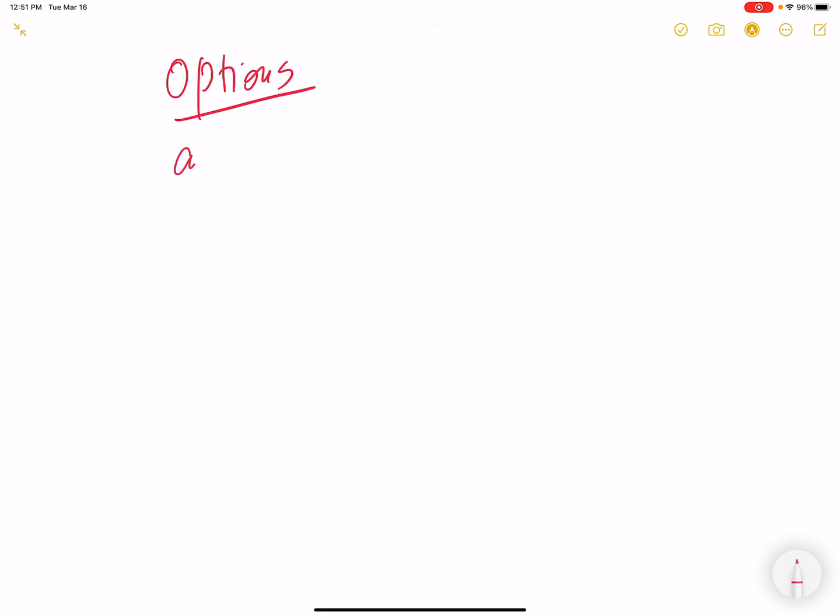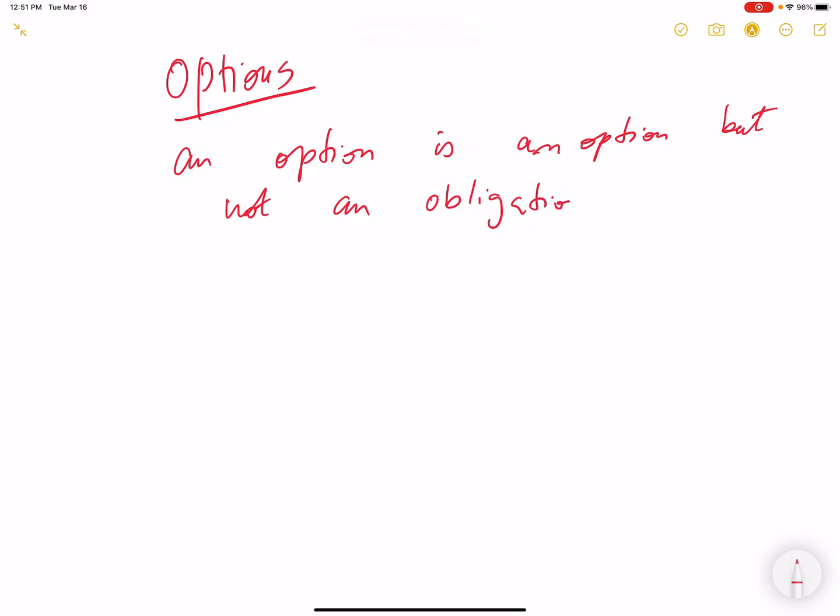So an option is an option but not an obligation to buy a certain asset or to sell a certain asset for a prescribed price.